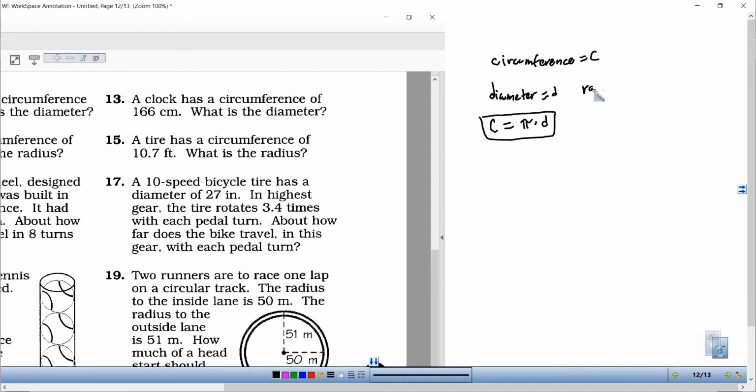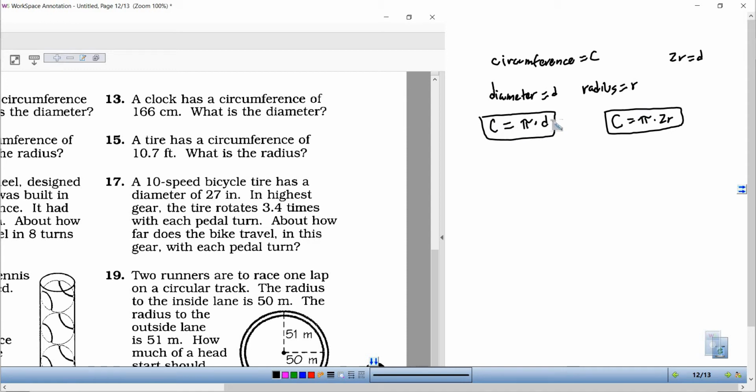All right, and our radius is R, and our formula using the radius for the circumference was pi times 2R, because 2R is equal to D. 2 radii added together equal the diameter, or 2 times the radius equals the diameter.